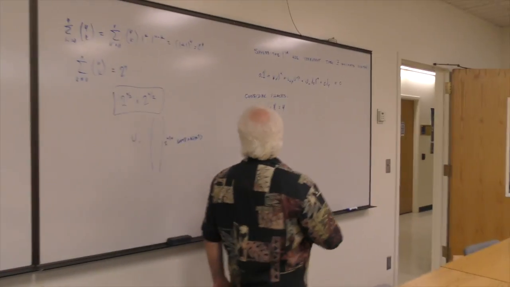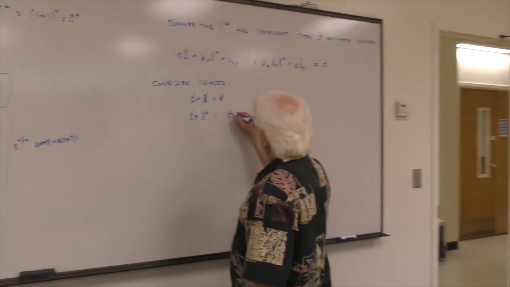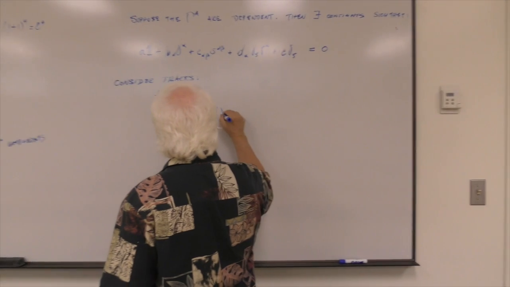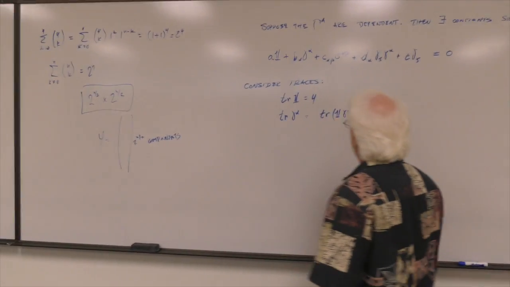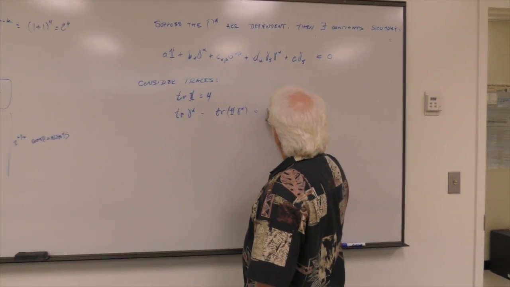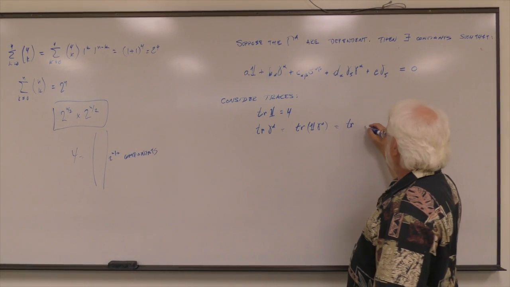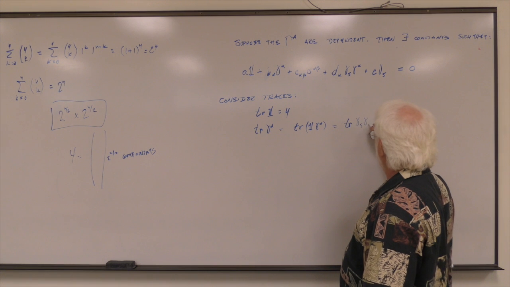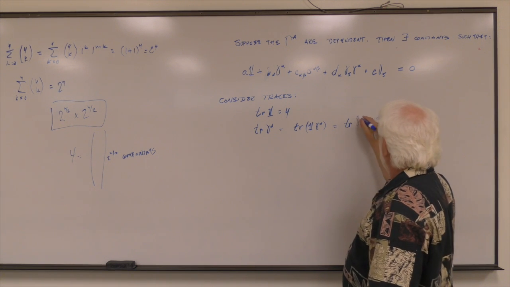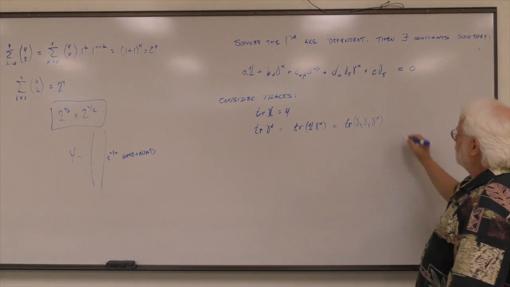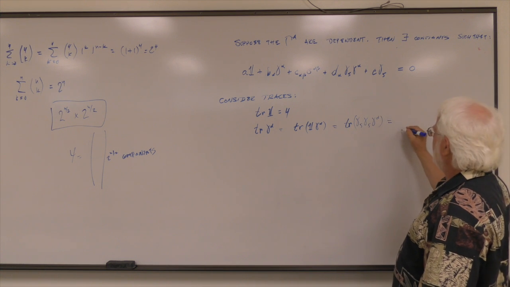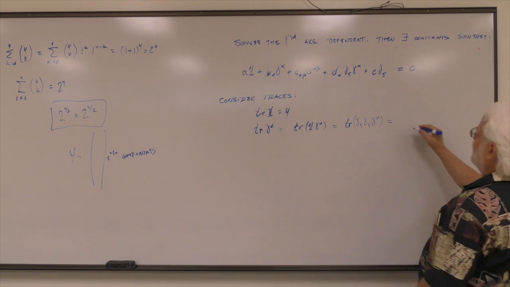I'll do another argument. What I want to do is insert an identity here. And since gamma 5 squares to the identity, I can write that as gamma 5 gamma 5 gamma alpha. Now, using the cyclic property of the trace, I can put one of those gamma 5s on the other end.